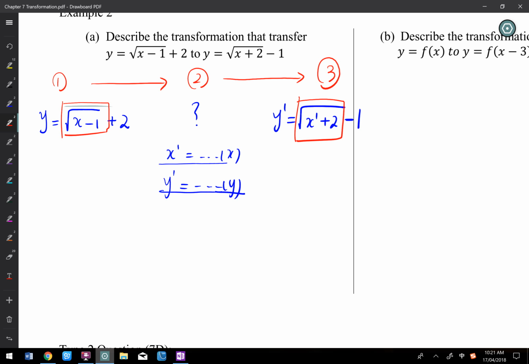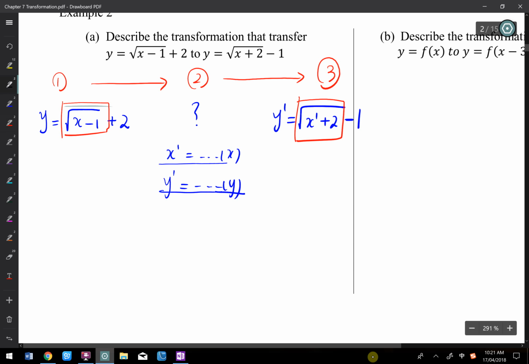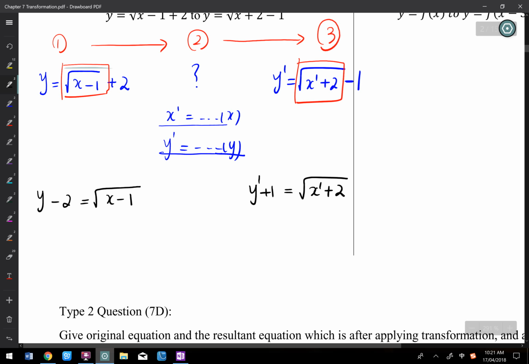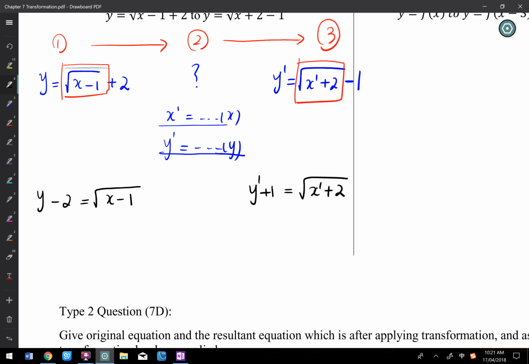So everything else, like flowers and stones, needs to move to the left. So y minus 2 is the same as square root x minus 1. And this side is y dash plus 1 is square root x dash plus 2. That's how I make the two sides look the same. They are balanced now, identical. We can say they are in identical form.